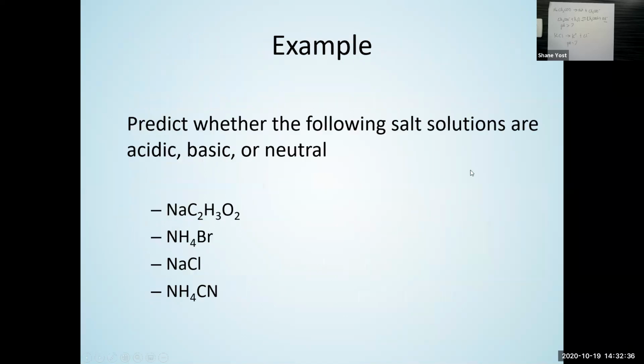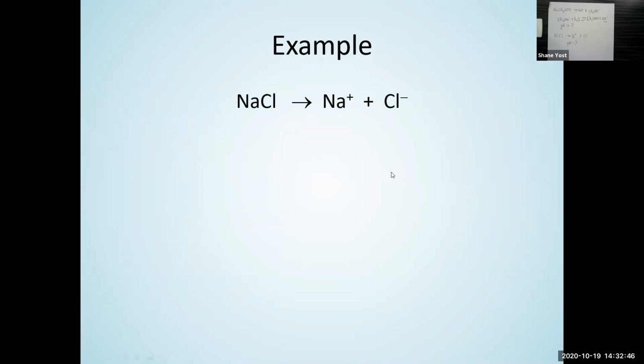So let's consider these examples as to whether they're acidic, basic, or neutral solutions. First, let's consider sodium chloride, from sodium ions and chloride ions. Is that solution going to be acidic, basic, or neutral?